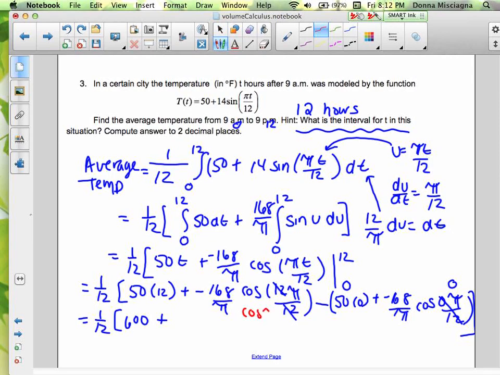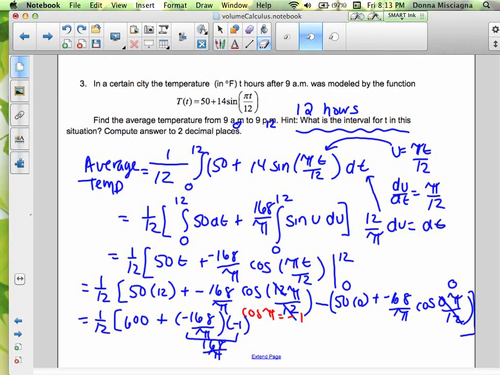Cosine pi, we just said on the last page, is negative 1, right? So now this would just be negative 168 over pi times negative 1, which is going to make that positive. So that's just 168 divided by pi.